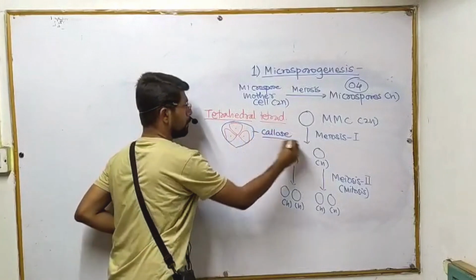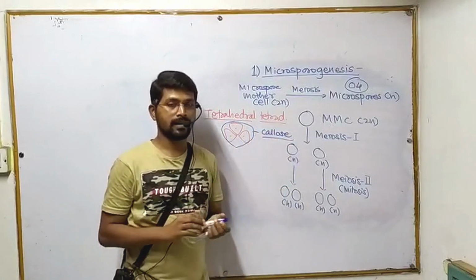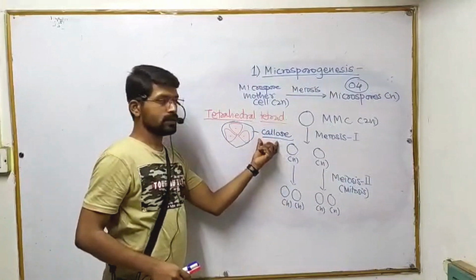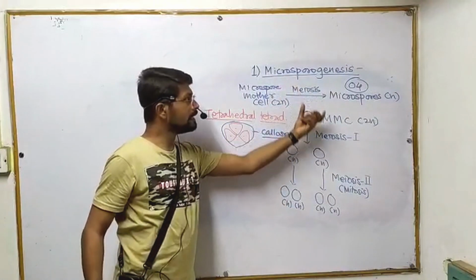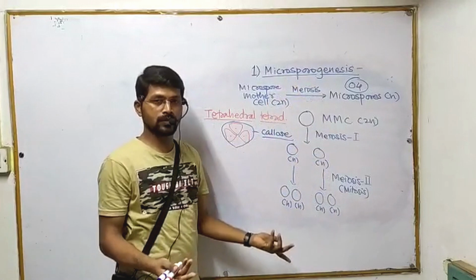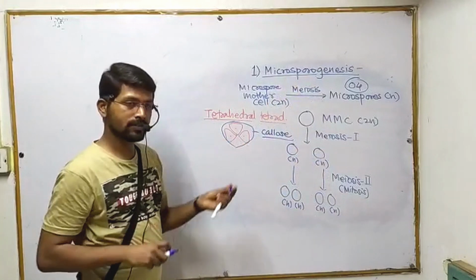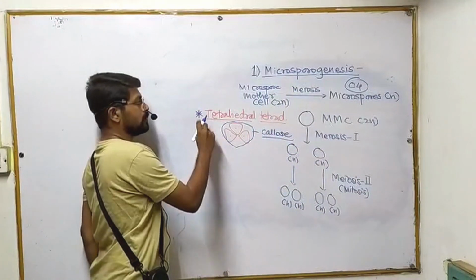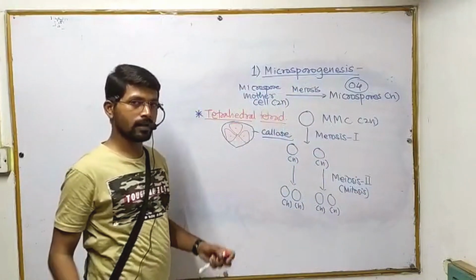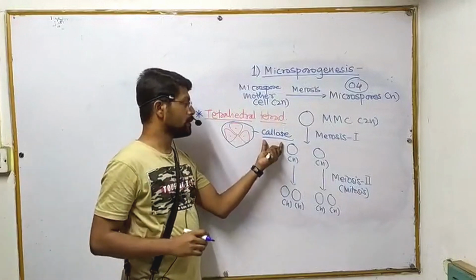So this is again very important. Microspores in a tetrad are connected with each other by means of callose. So this is the entire process of microsporogenesis, which is very easy, and the type of tetrad seen in the case of microspores is important. It is present in the form of a tetrahedral tetrad. Spores are connected with each other by means of callose.